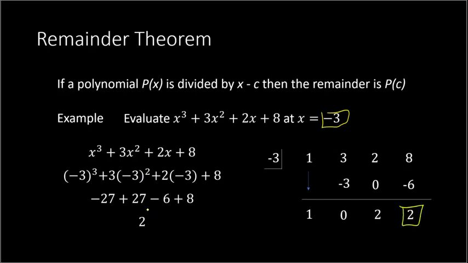The remainder is the same thing as when you plug in negative 3 in place of x. And the other way around, if you wanted to find the remainder quickly, instead of doing synthetic division, you could just plug in the negative 3 in place of x to get the remainder. So it can go both ways depending on what you're trying to accomplish. So that is your remainder theorem.